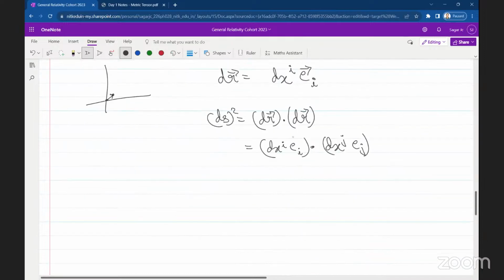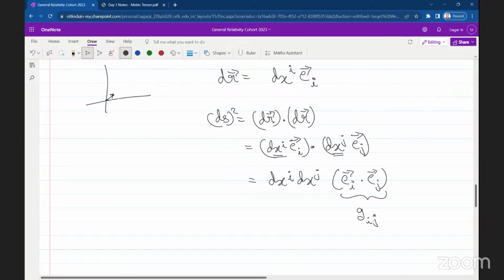Now ei and ej are vectors, while dxi and dxj are just numbers, so I can write them separately, dxi dxj into ei dot ej. Now this thing we know is the metric tensor gij.